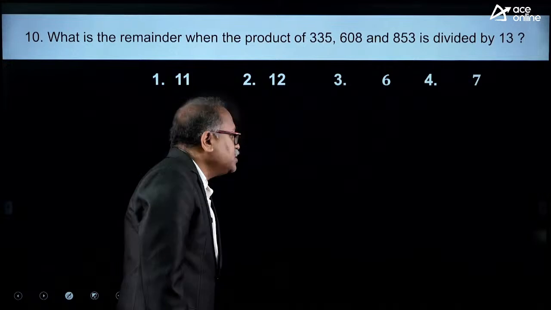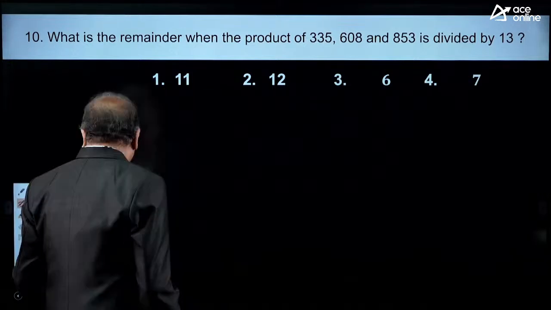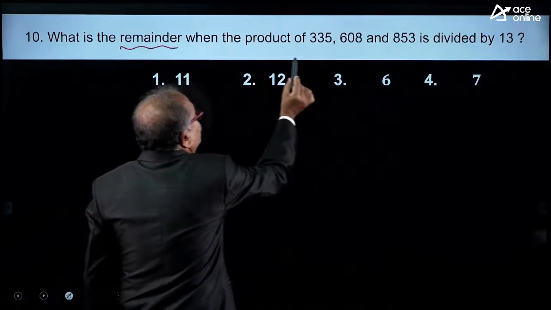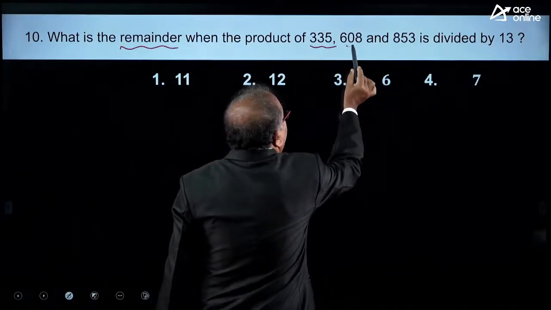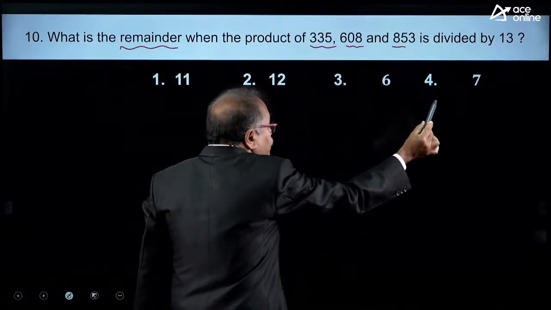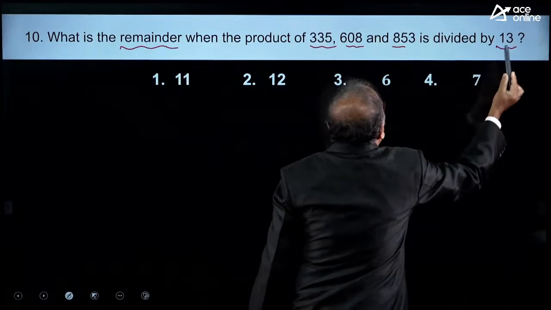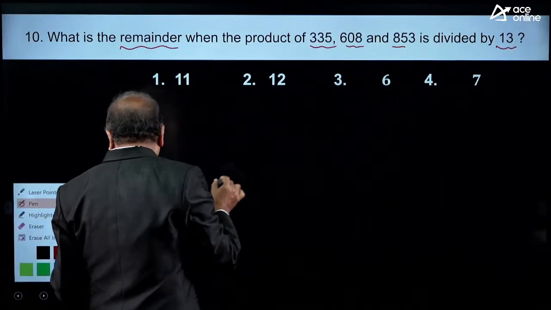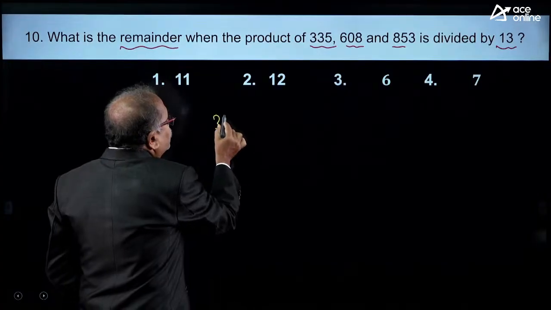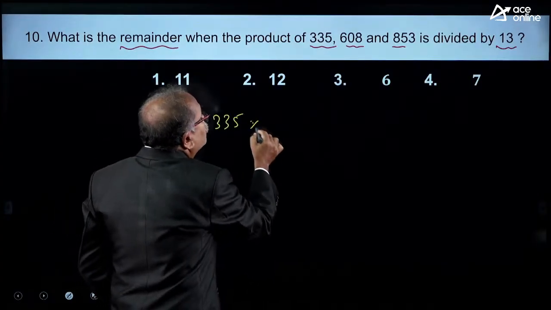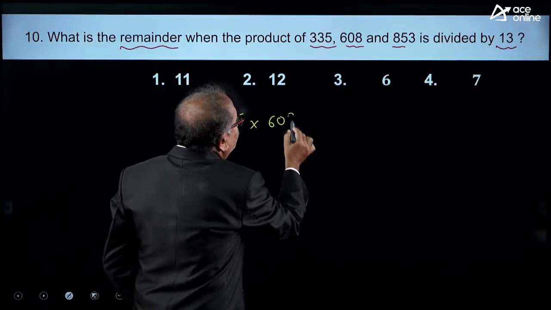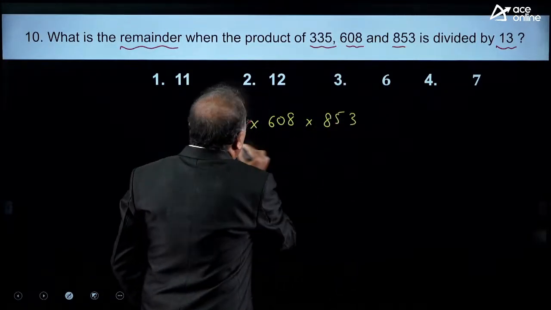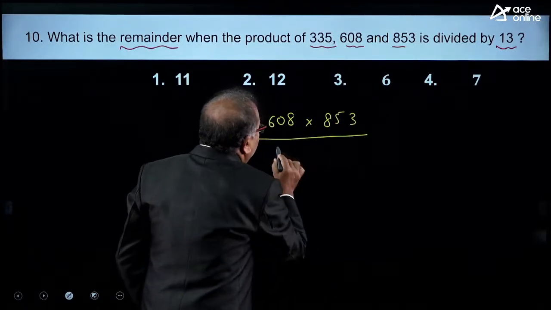What is this question? Let's read it out. What is the remainder when the product of these numbers is divided by 13? So, are you going to take the whole product, that is 335 into 608 into 853, divided by 13?